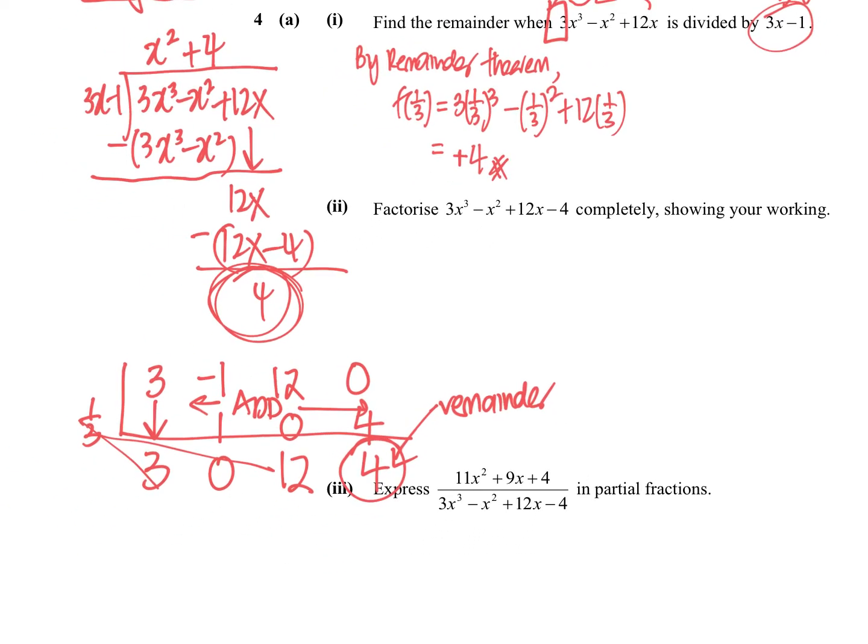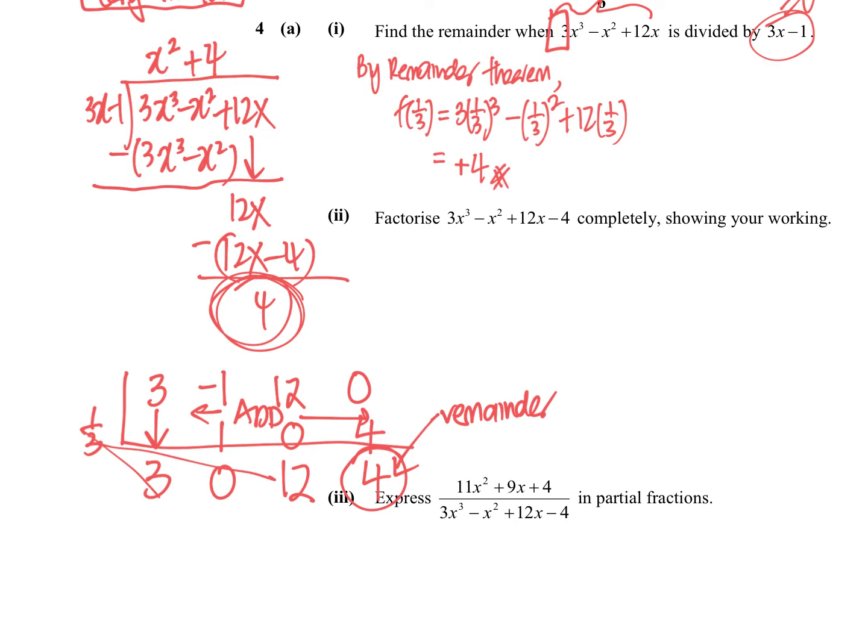Okay, this one. Synthetic is useful when we want to solve a cubic equation. So this one, I want to factorize, right? You can actually use your calculator to find a whole number answer. You will realize the answer is 1/3. If it's 0.333, you know it's a fraction.